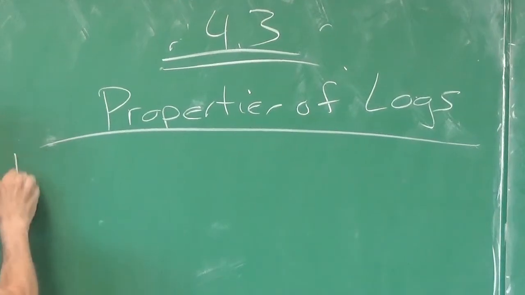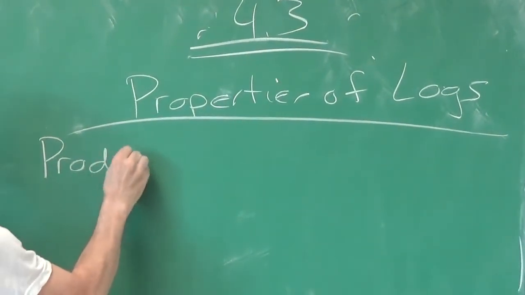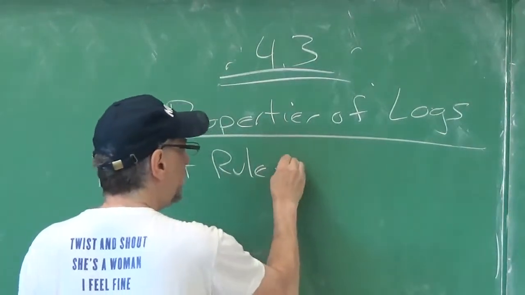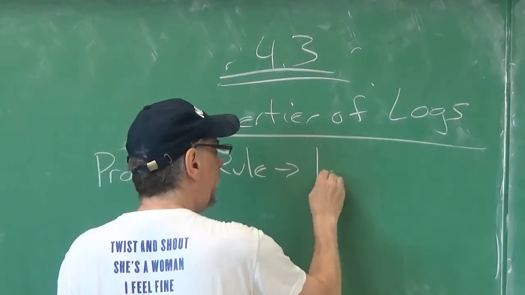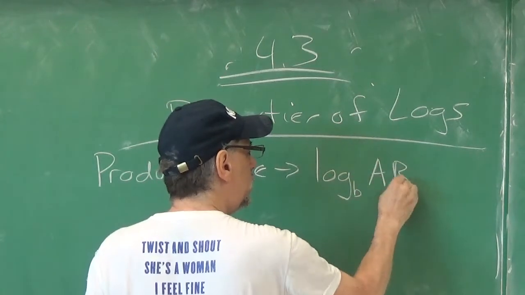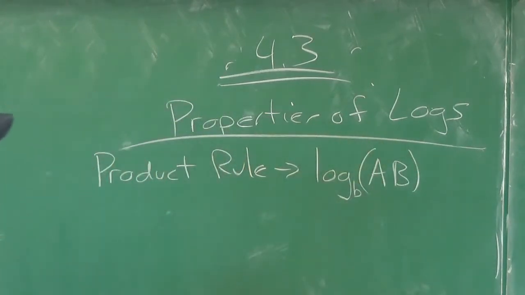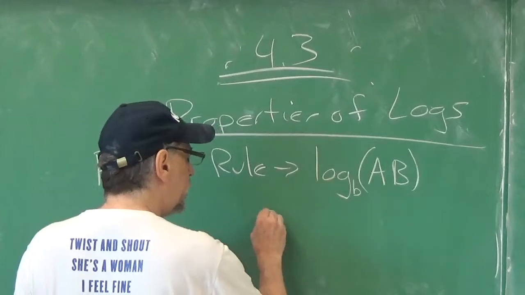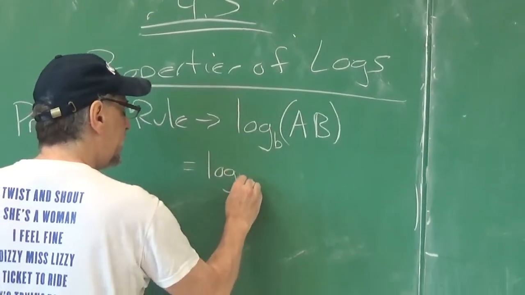We have what we call the product rule, which says if I have the logarithm of a product of anything, a times b, and this extends to more than two factors. We'll just use two factors to illustrate. The logarithm of a product can be broken up into the sum.